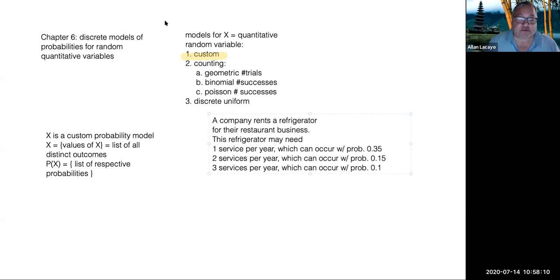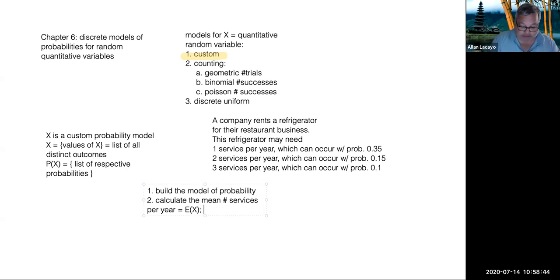So my first task will be to build the custom probability model. And my second task will be to calculate the mean number of services per year. That would be also known as the expected number of services per year, where X is the number of services per year.